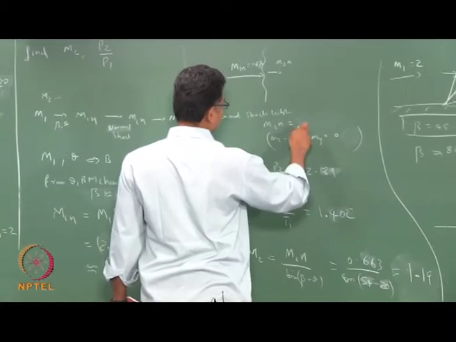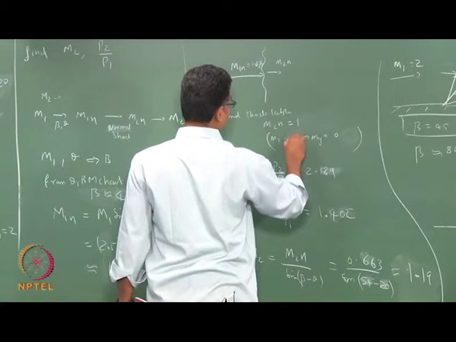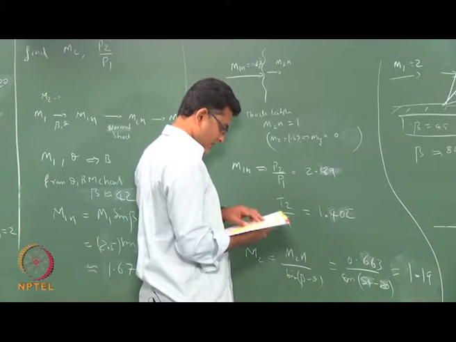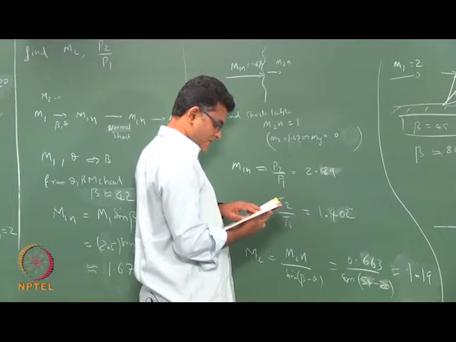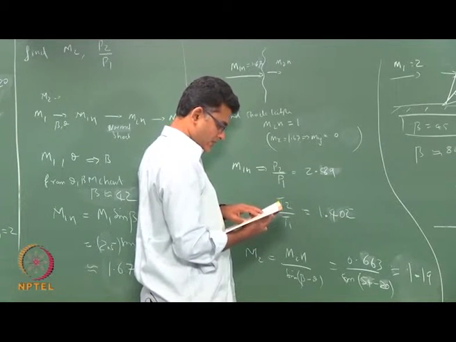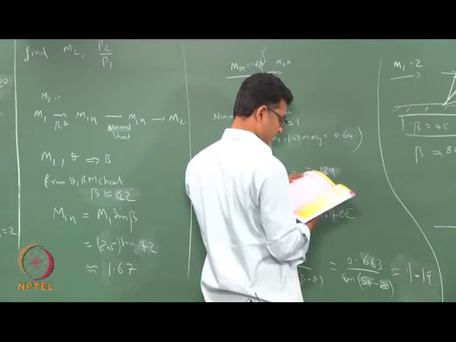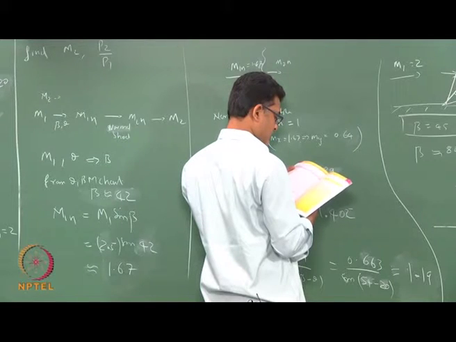and so I look at the shock tables for 1.67, around M2n is going to be around 0.64.